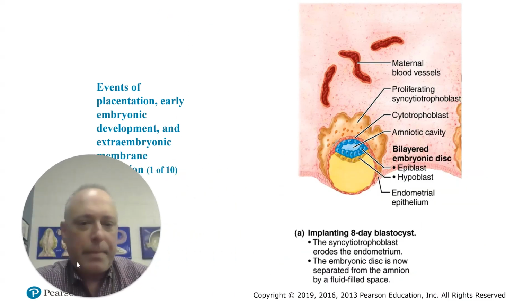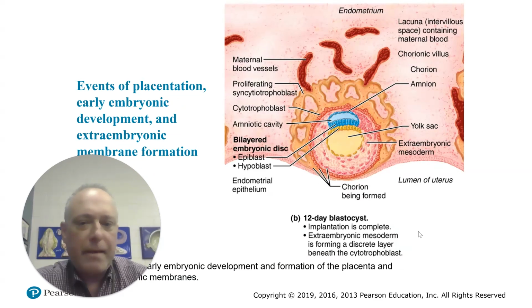Okay, so let's back up a little bit to day 8. We're implanting the blastocyst, and day 12 we have further development of the yolk sac and the amnion, as well as the maternal blood vessels are organizing into chorionic villi.